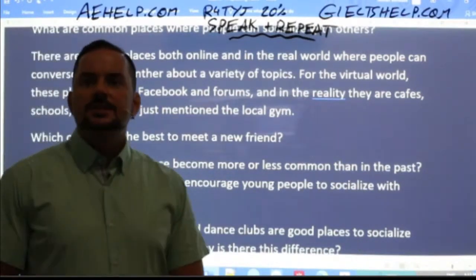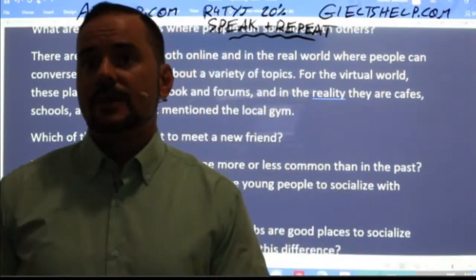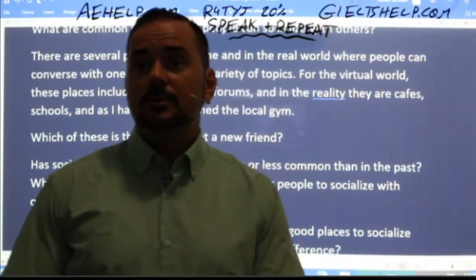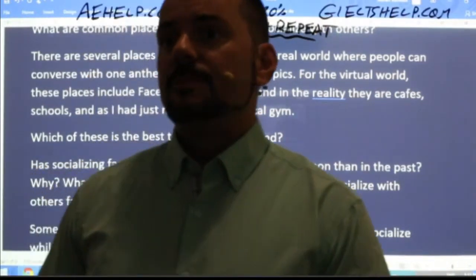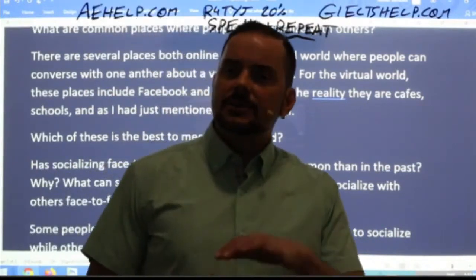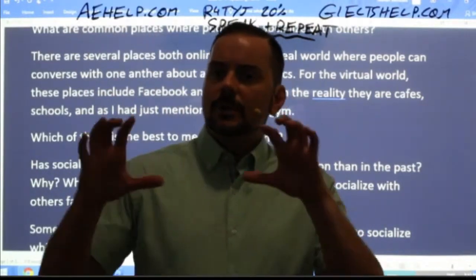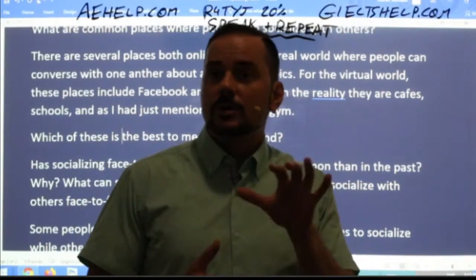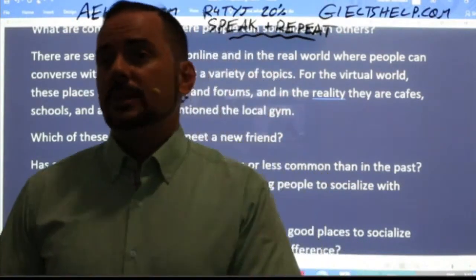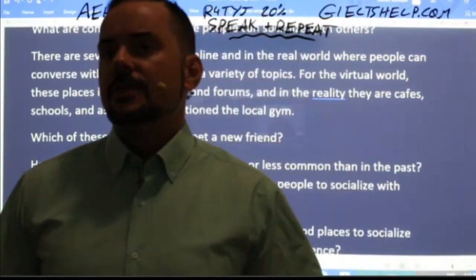Muskan Nisha says, I think there are some places which are really the best for meeting a new friend, like academies where students study together, gyms where people do exercise together, and some parks and cafes. Okay, Muskan, it's not a bad answer, but I think you're jumping around to too many places. It's best to focus on just one and explain it really clearly. So if you believe that university is a great place to meet new friends, then that's great.